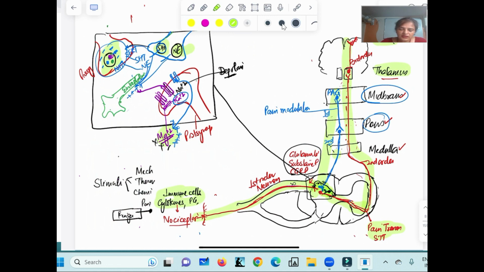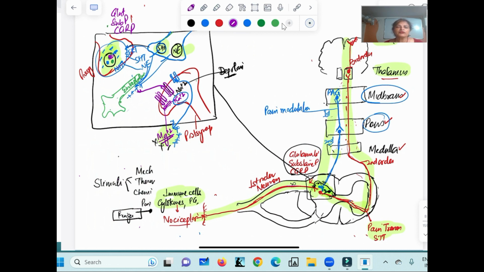So again there is no release of these 3 neurotransmitters जो आपके हैं glutamate, substance P and calcitonin gene related peptide, and post synaptically again the pain transmission will not happen. तो यहाँ तक पता लग गया. So this is about the central mechanism both spinal and supraspinal.